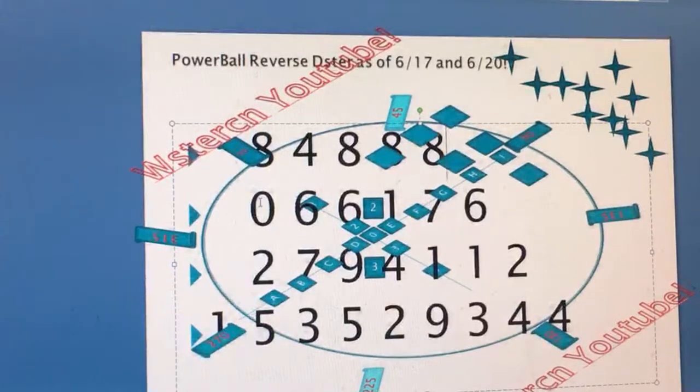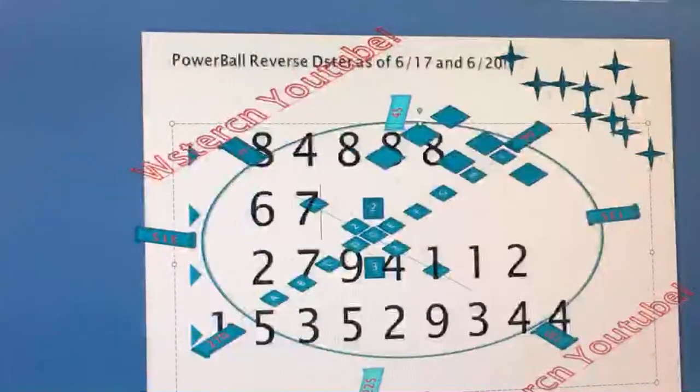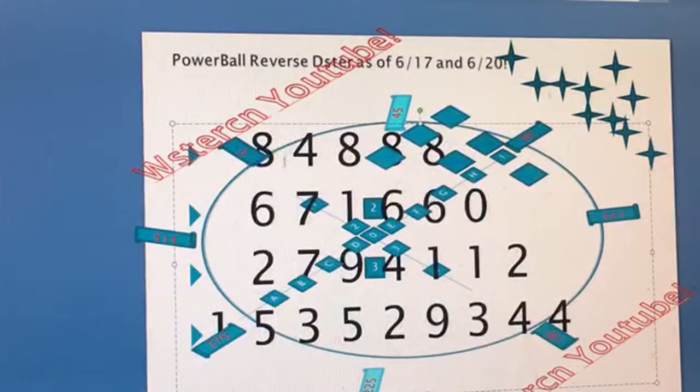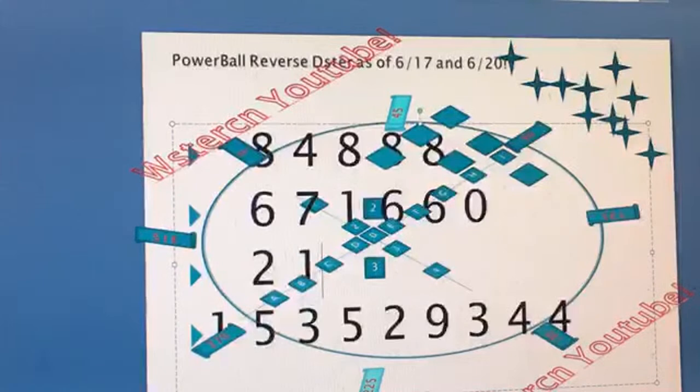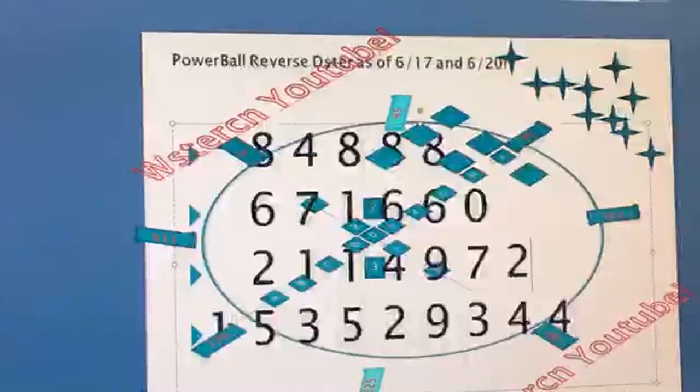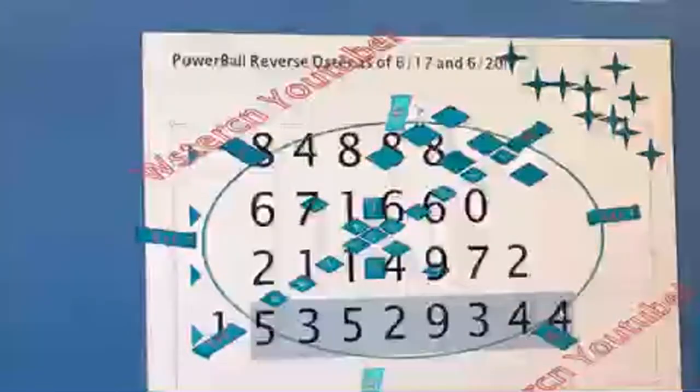Since you're reversing, the second set will be 6, 7, 1, 6, 7, 1, 6, 6, 0. And then the third one is 2, 1, 1. And then the last one is 1.